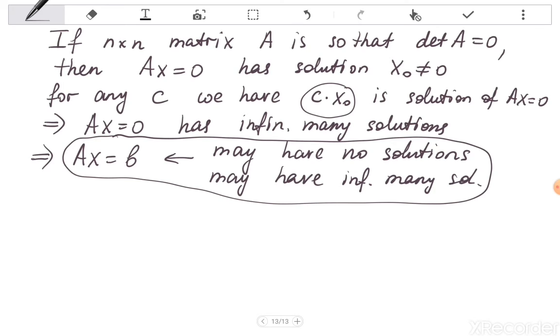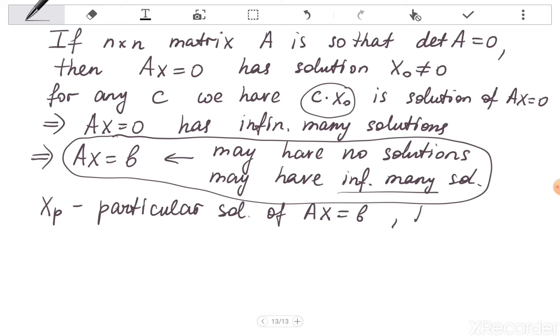And what these infinitely many solutions look like: if we denote by xp some particular solution of Ax equals b, then any solution will be of the form xh plus xp, where xh is kind of a homogeneous solution, because here we have 0 on the right side.